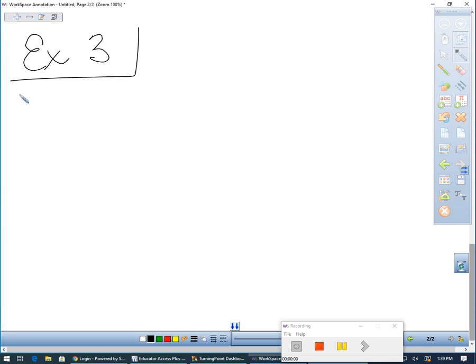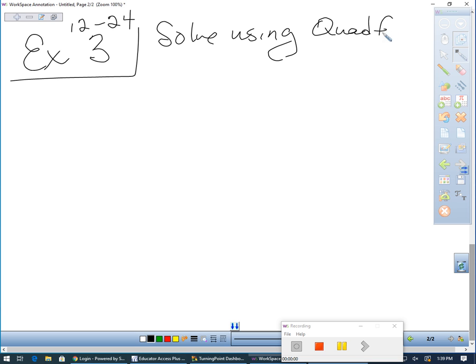All right, so I'm talking about the quadratic formula. Technically, this is what you're doing for 12 through 24. Solve using the quadratic formula. Let's really make it fun.